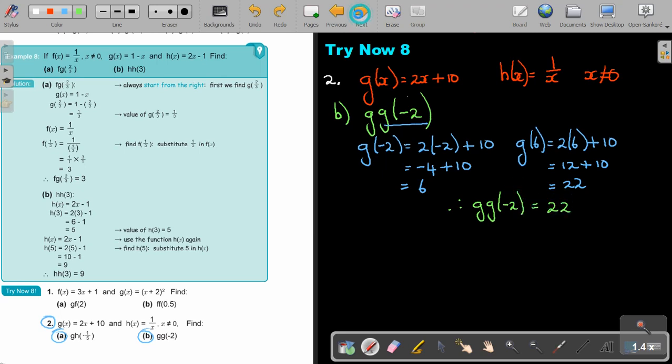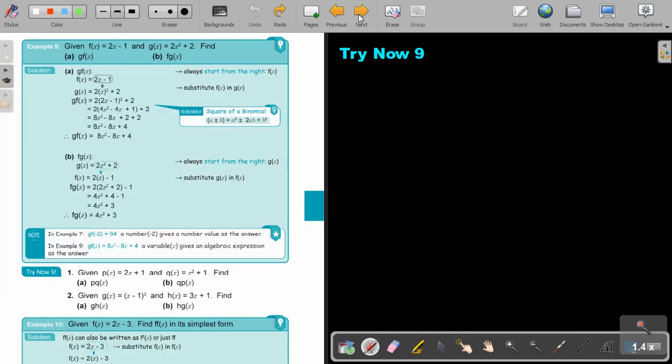Okay, let's move to the next one. Now in this example, I'm not putting a number. I keep it x, and sometimes they can even leave out that x, and they can just say find g∘f, but it means g(f(x)). Okay, so remember they can leave it out. Now again, remember the story from the right or from the back.